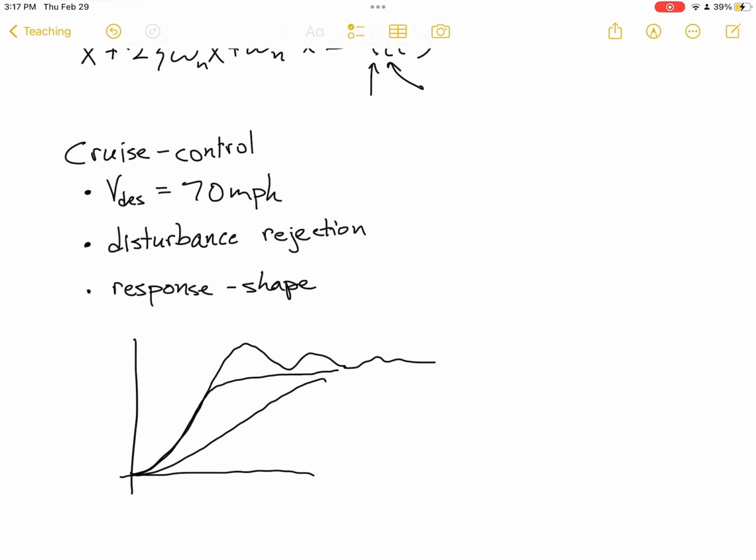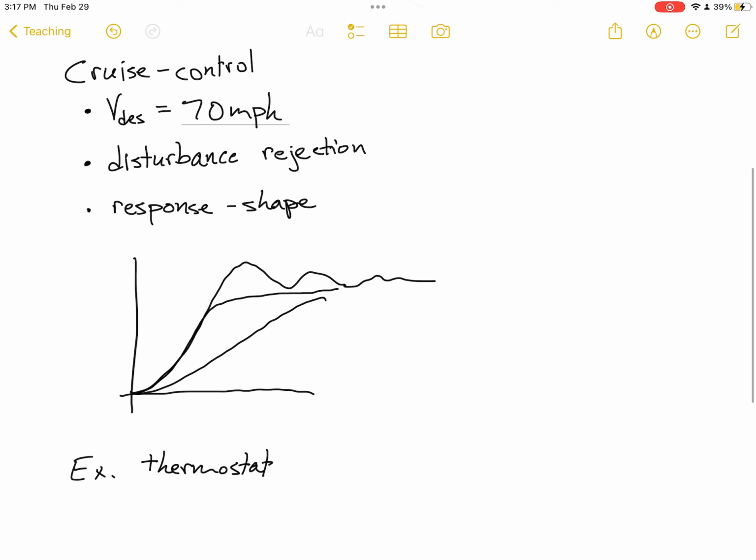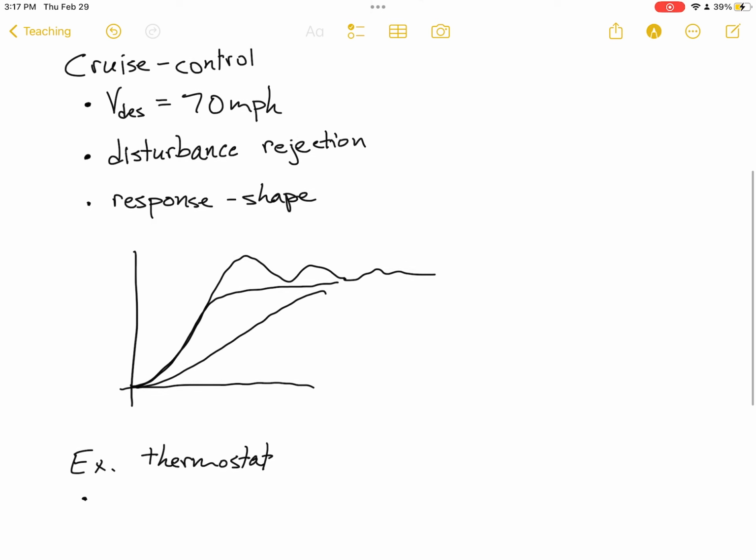So we've talked about the example of cruise control. Another, maybe simpler example, is a thermostat, where I hope all of you have functioning thermostats in your house, especially if you're local here in Florida, where you have a thermostat and you set some desired temperature, right? You have some T desired, and maybe that's equal to 68 degrees.